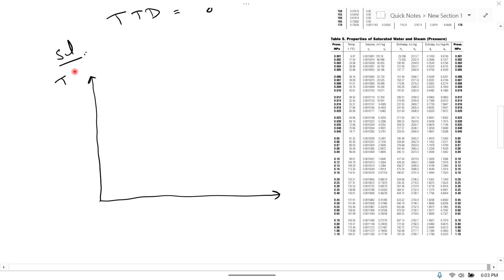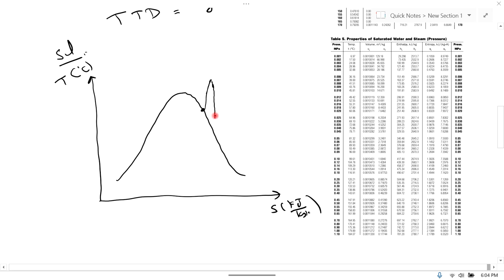Temperature in degree centigrade and entropy in kilojoule per kilogram per Kelvin. This is the saturation curve, and in the turbine first the steam enters at pressure 75 bar and temperature 350 degrees centigrade.